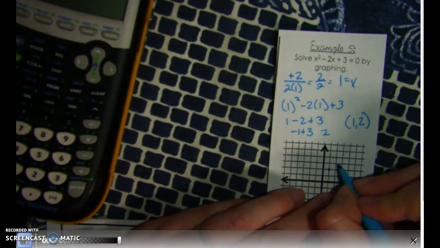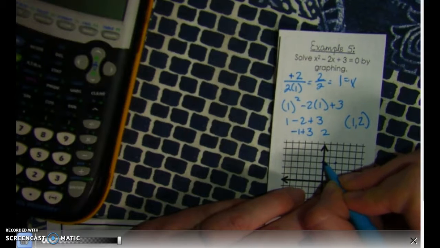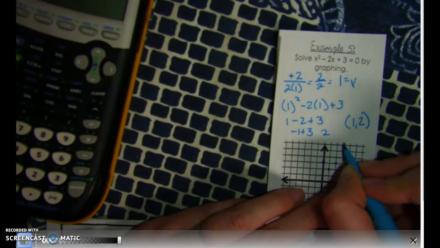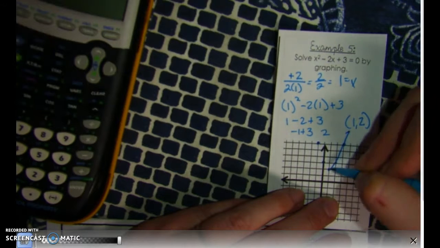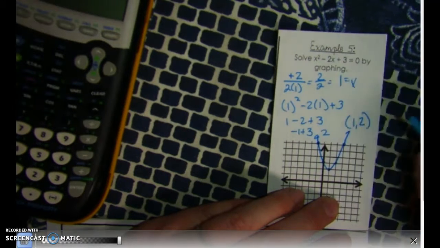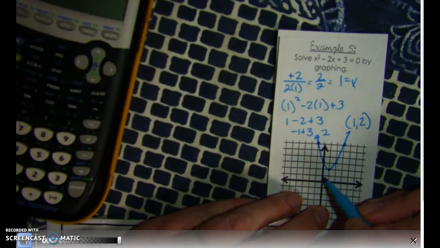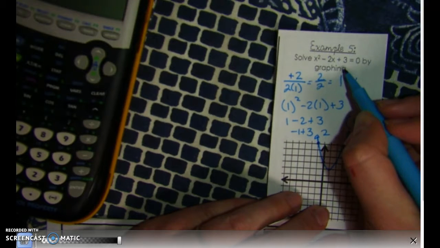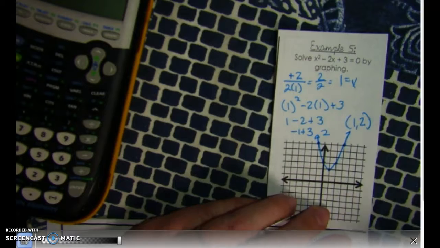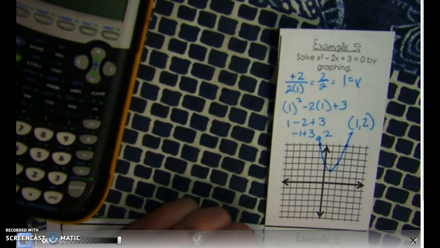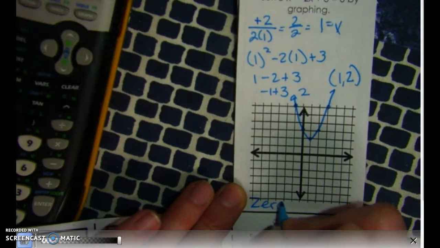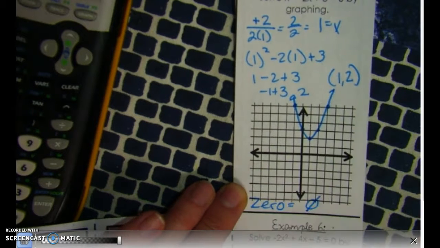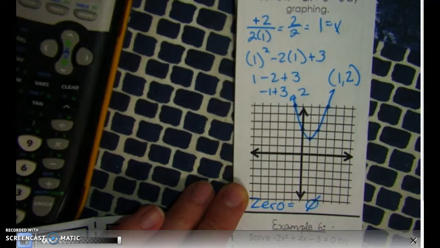And then I know my A term's 1. 1, 2, 3. Again, my x-intercept is 3. 1, 2, 3. And my C term's 3. Good check, make sure I'm doing it right. So zeros, there are no zeros. We can say no solution.